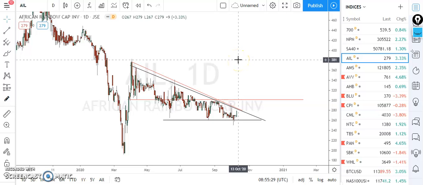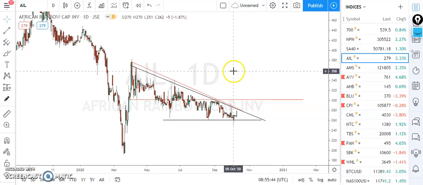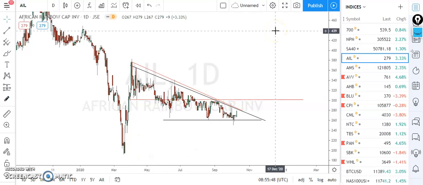First one, African Rainbow Capital Investment. So before we start, please remember that I am always 99% a stock market bull. I don't sell stocks. I don't look for trading setups to the downside. If I have the confirmation, I will rather trade to the upside because I am permanently long on stocks.